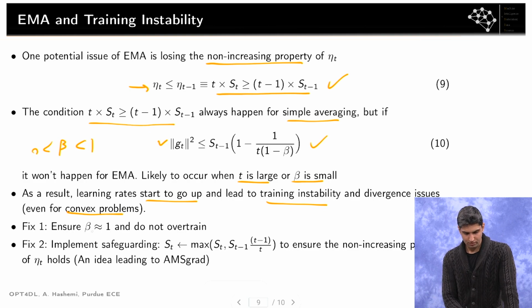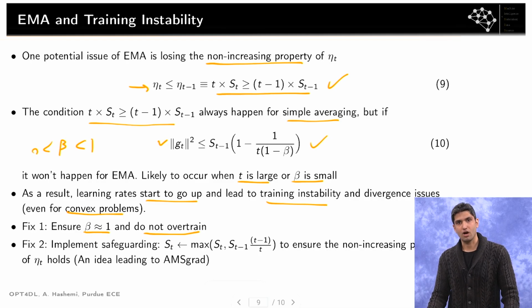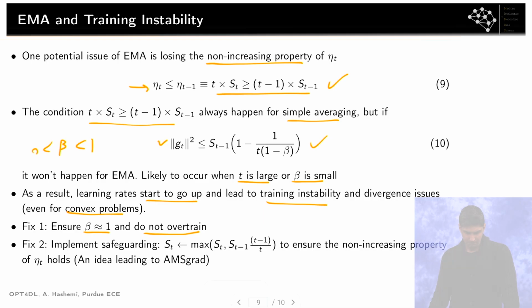Okay, one fix is to make sure beta is near 1 and do not overtrain. So don't use a very large number of epochs. Another fix is to implement safeguarding mechanisms. So the idea is that we want to make sure that we always have this non-increasing property. The safeguarding mechanism is actually very simple.